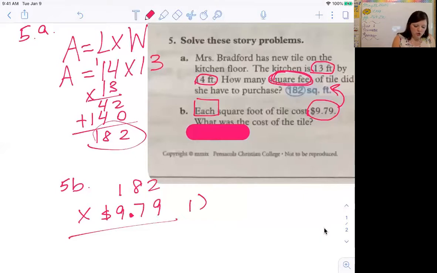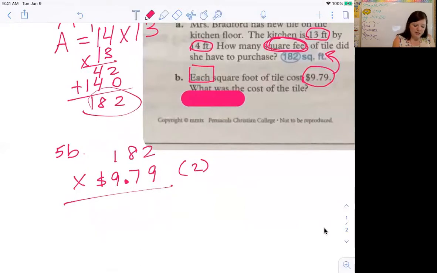We've got 2 digits behind this, so we're going to have 2 digits behind our decimal at the end. Let's keep that in mind. 2 times 9 is 18, carry the 1. 9 times 8 is 72, plus 1 is 73, carry the 7. 1 times 9 is 9, plus 7 makes 16.